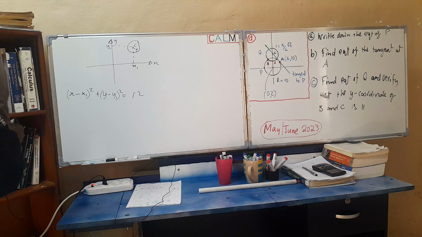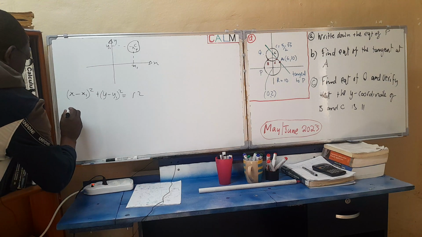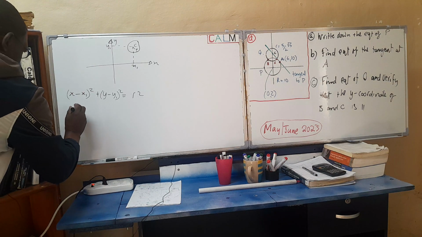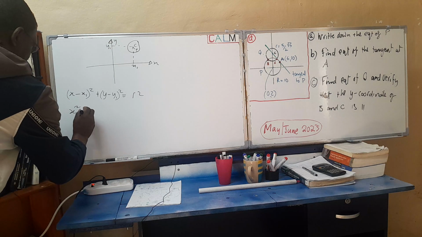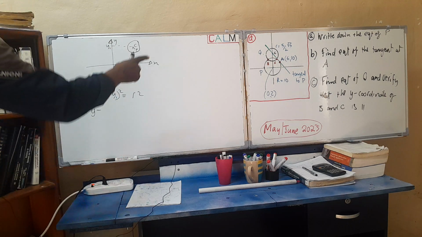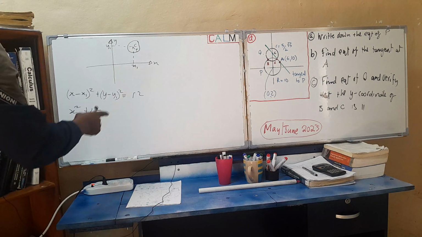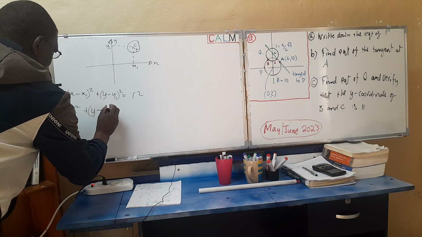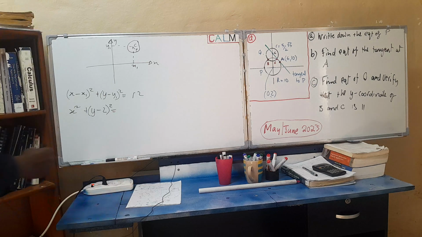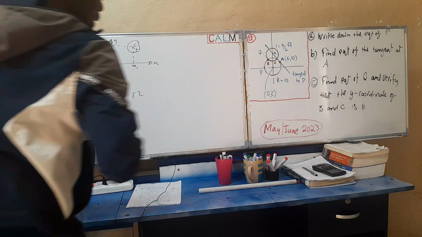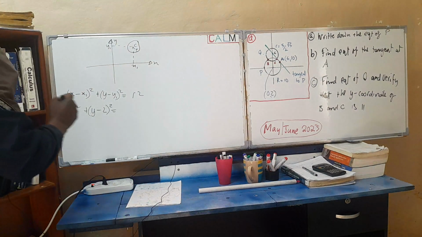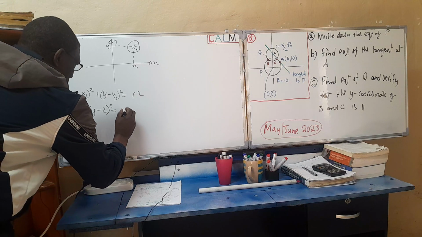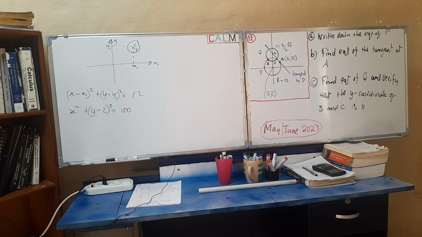It is x minus 0 squared, which is x squared, plus y minus 2 all squared is equal to, we are given that the radius of the circle is 10, so 10 squared, which is r squared, is 100. We'll just write it down.